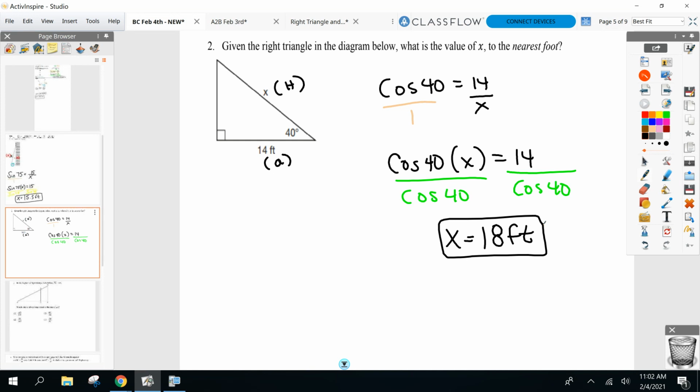Take your time. I'm ending up with 18 feet, rounded to the nearest foot, 18 feet. Take your time. Cosine ratio, adjacent over hypotenuse, cross multiply, and then divide both sides by the cosine of 40.